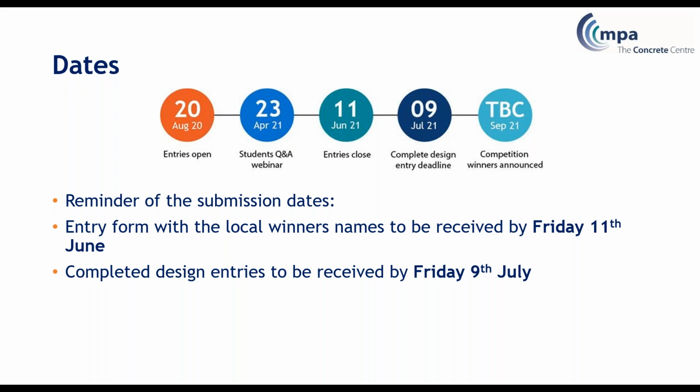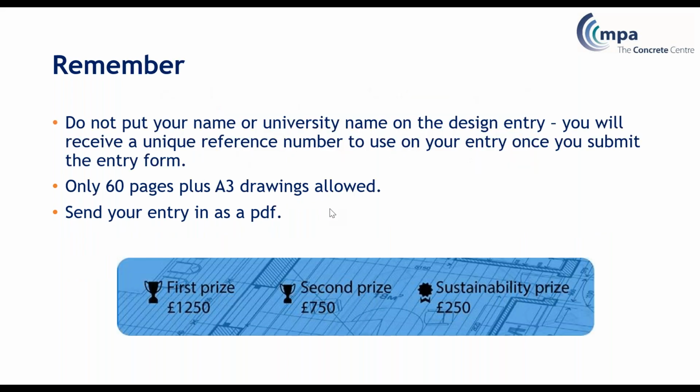So the reason why we're not too sure at the moment is because with the pandemic, everything is up to be changed depending on what happens. Let's hope that we can all meet up in September. So those are the dates.